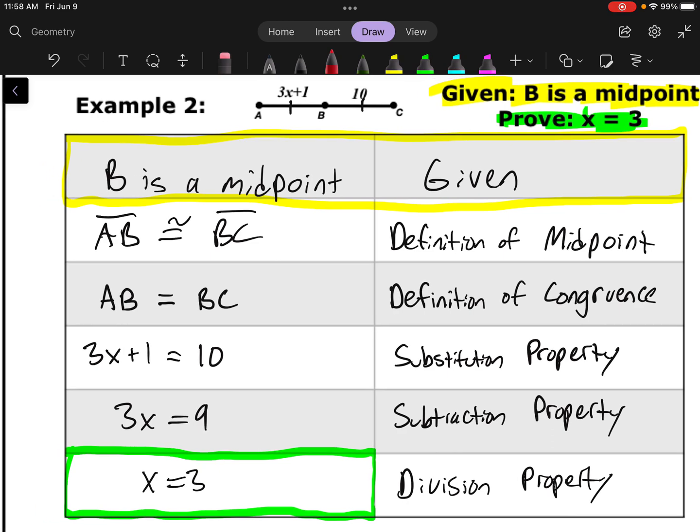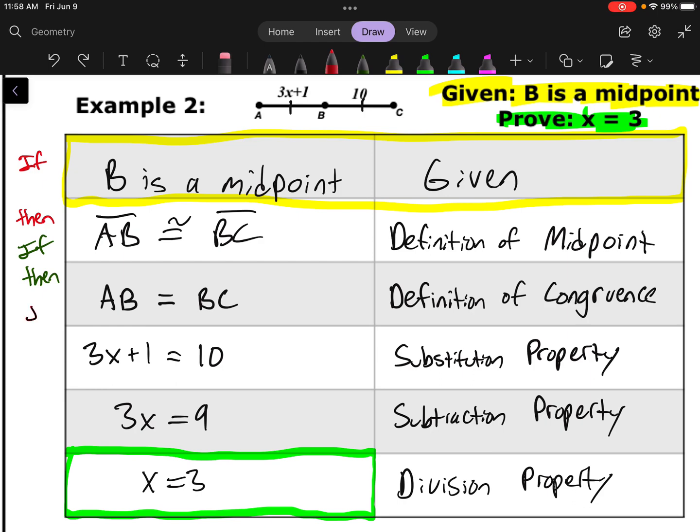Now, just to reiterate one more time, this is a series of conditional statements. If B is a midpoint, then AB is congruent to BC. And if AB is congruent to BC, then the length of AB is equal to the length of BC by definition of congruence.